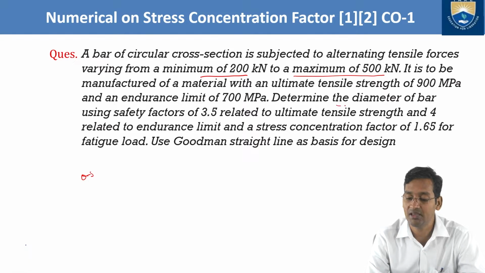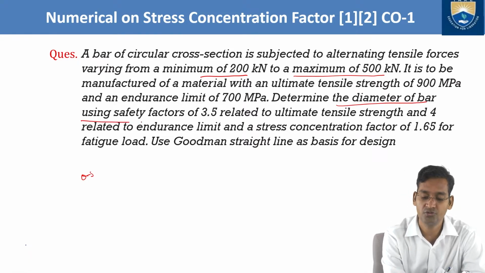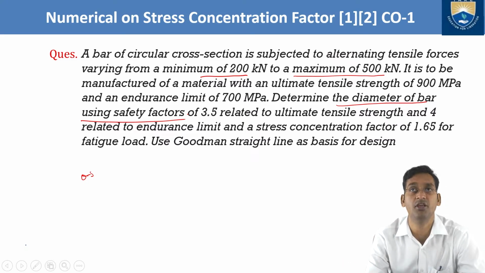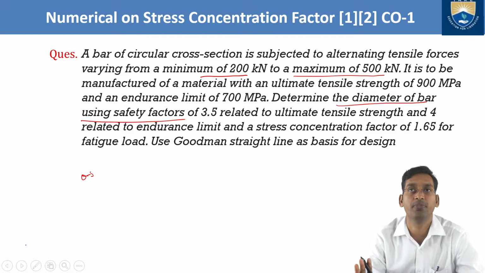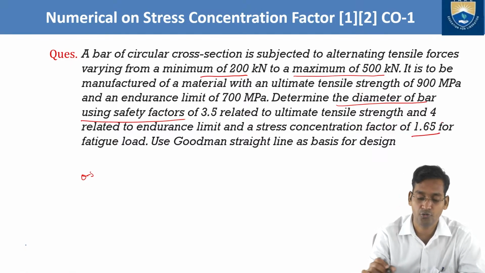Now determine the diameter of the bar using a safety factor of 3.5 related to ultimate tensile strength and 4 related to endurance limit. So for ultimate tensile strength you have to take 3.5, and in case of endurance limit, the factor of safety will be 4, and a stress concentration factor of 1.65 for fatigue load.